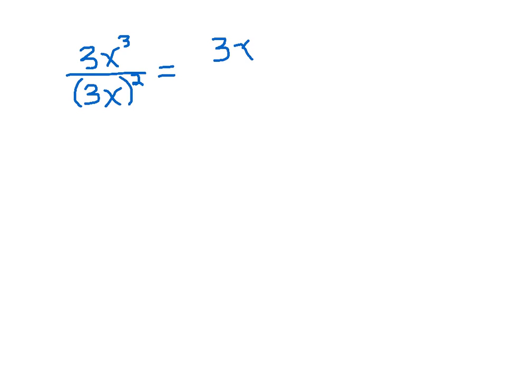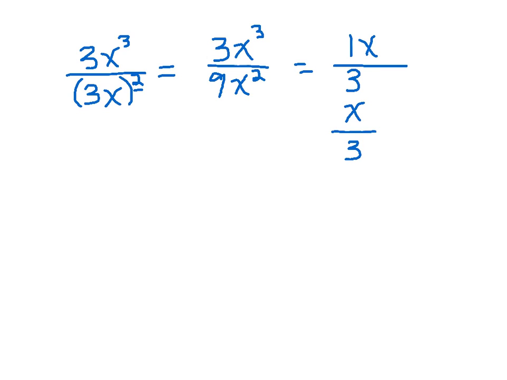So this is 3x to the 3rd over 3 squared is 9. x to the 2 times 1 is x squared. Now I reduce my fraction. I get 1/3. And it's going to be x on the top, or x over 3. So don't forget you have to do these coefficients.